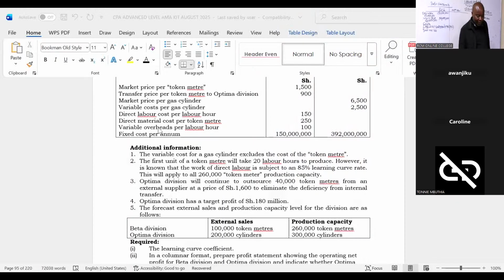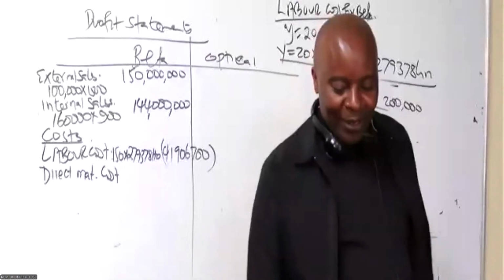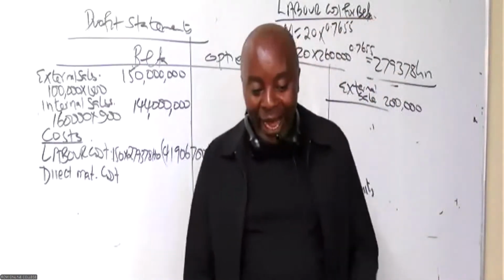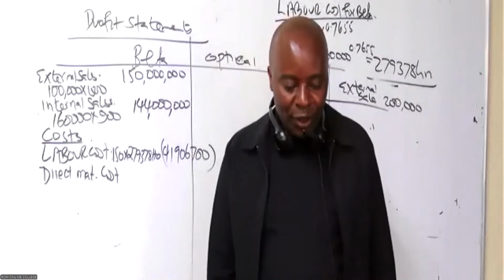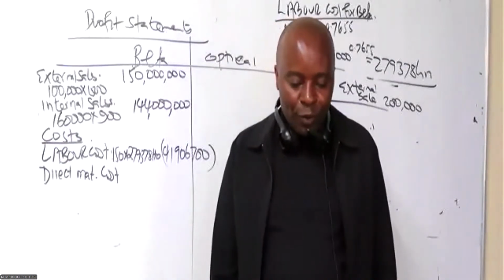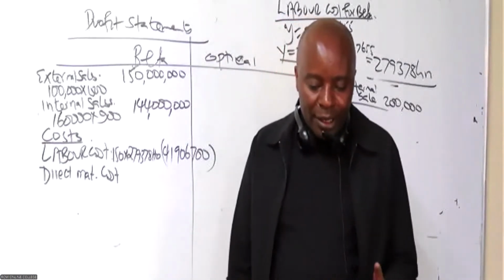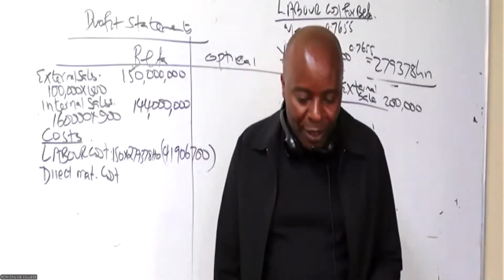So direct material cost per token meter. So then, telling me I should take what times what? So for material cost, I should take 250 times. Then is it for why 400? Why 40,000?